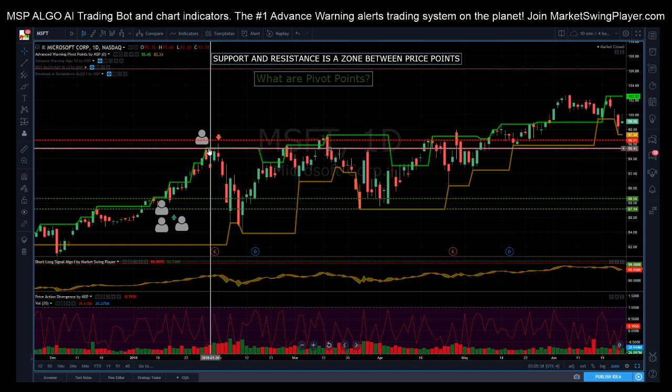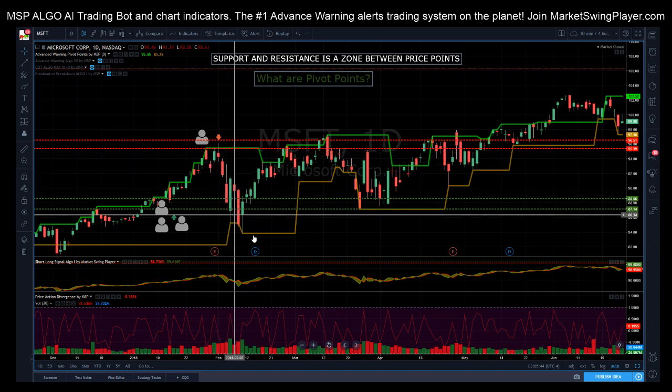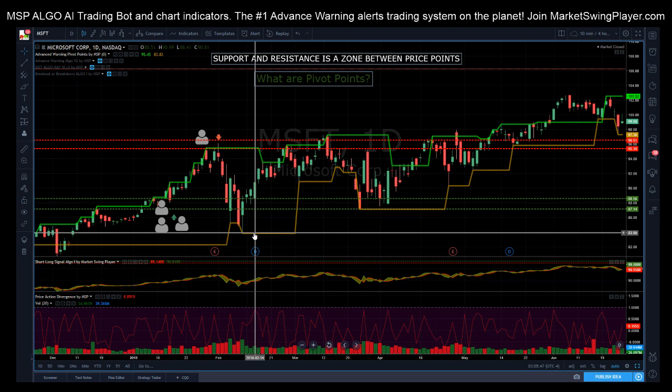So the lime green pivot point detects resistance or selling pressure, and the gold pivot point detects buying pressure based on the market in real time.